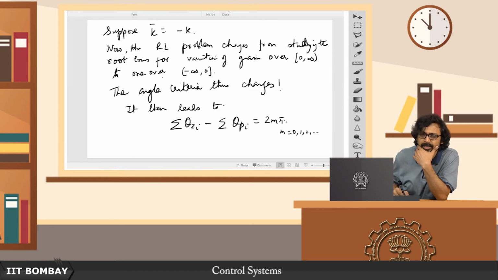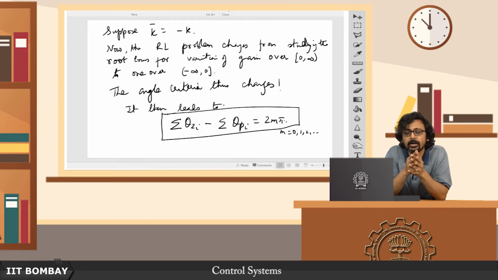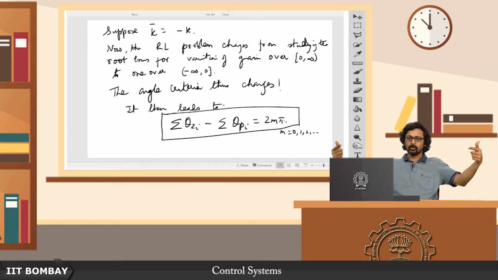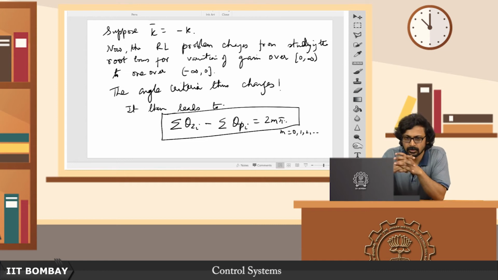You just apply this new angle criteria, and you see that the complementary root locus will be at those points on the real axis to the right of which you have an even number of poles plus zeros, exactly the same argument as we employed earlier. So if you take together the sketches of the root locus and the complementary root locus, then the entire real axis is covered. So that is one observation.